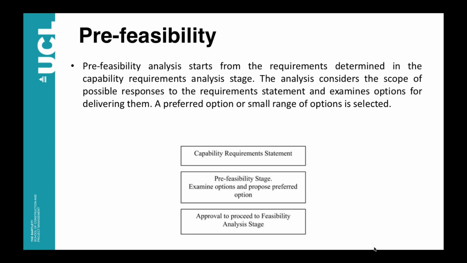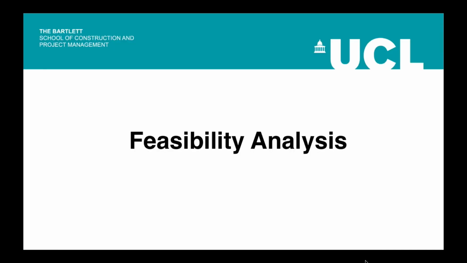The normal output of the pre-feasibility analysis is a preferred option or a small range of options to be analyzed in more detail. If we continue the process, the option or small range of options that we consider from the pre-feasibility analysis will arrive at the feasibility analysis stage.